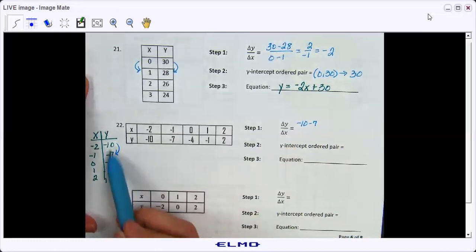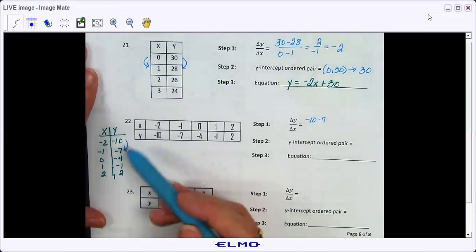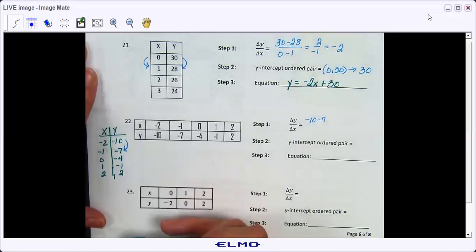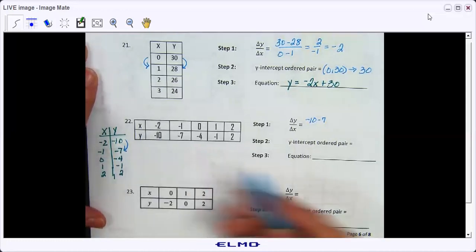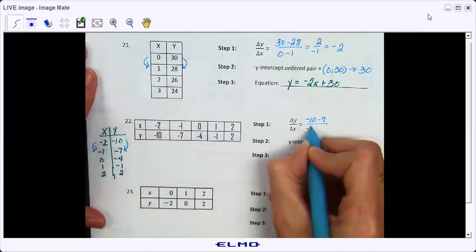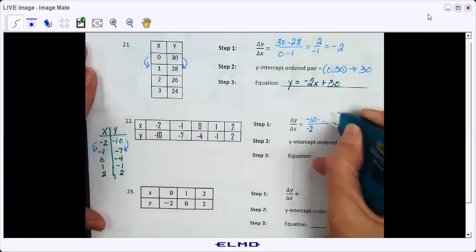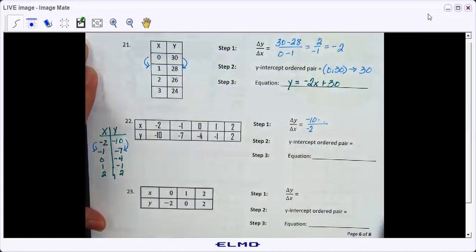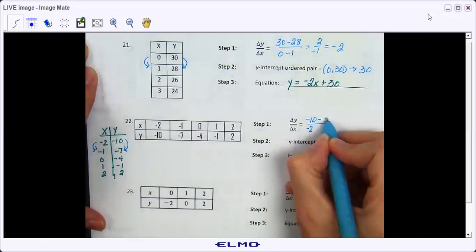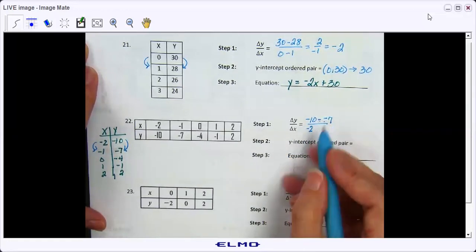And by the way, you don't have to use these numbers. You can use any two numbers within the table, any two y's. So I could do -1 minus 2 if I wanted to. Now be very careful because, oh, I did mess up here. So this is -10 minus a -7, which, minus a negative is the same as adding.